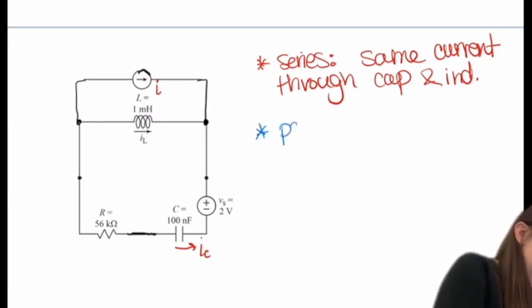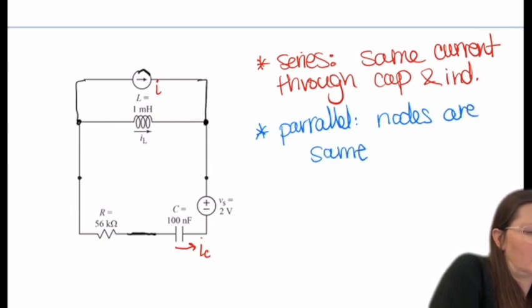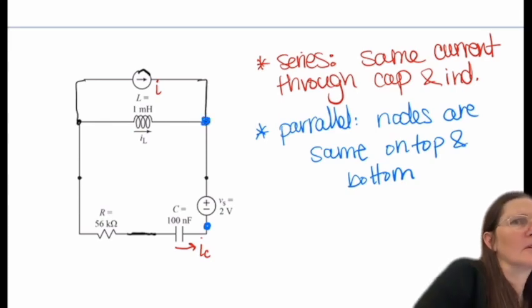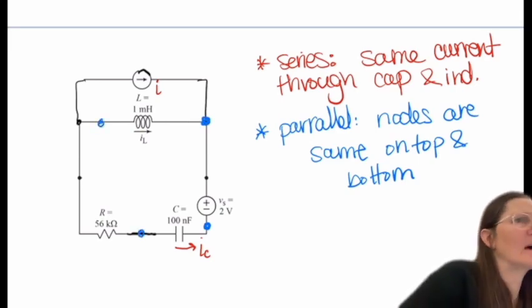Parallel, what's the condition for parallel? Yep, so nodes are the same on top and bottom. And that's not the case here, right? Because this node is not the same as that node. And the same thing here, this node is not the same as that node.